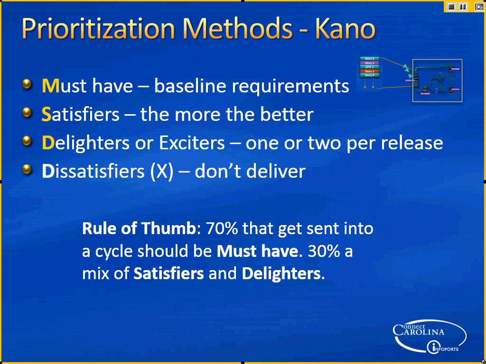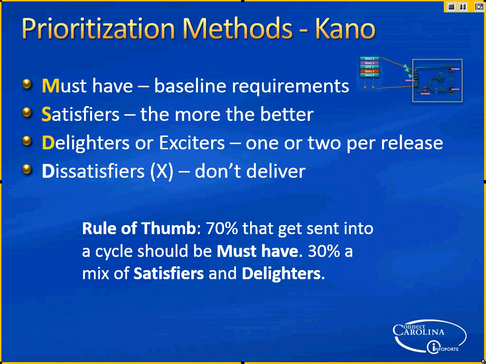Kano, similar. Must-have, satisfiers. Things that, beyond the base requirements, are going to be viewed as having value and something extra of use to the customer. And then there's the delighters.